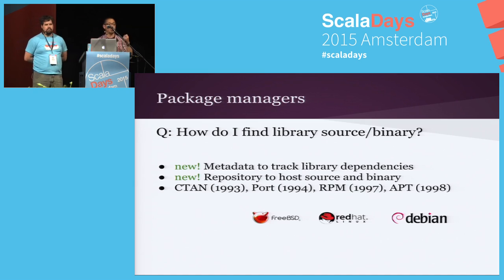And so you have this one library and a version number, and then it depends on some other library. So the port happened in 1994, RPM happened in 1997. So simultaneously, there is this whole notion of the package manager. And this answers the question of, how do I find my library source code or the binary?